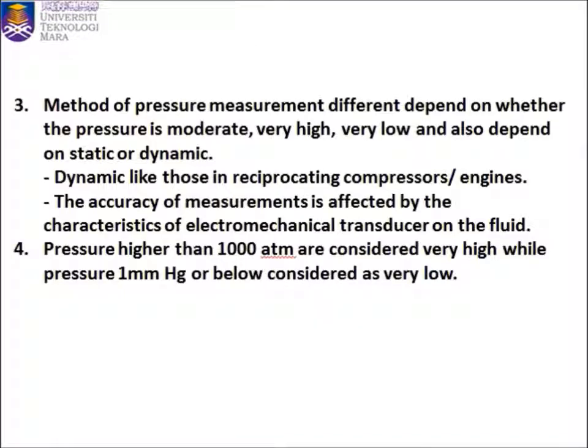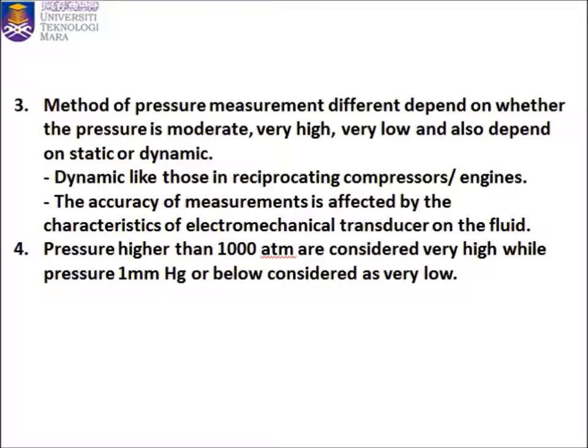Next, the method of pressure measurement differs depending on whether the pressure is high or low. It also depends on whether the pressure is static or dynamic, like those in a reciprocating compressor or engines.